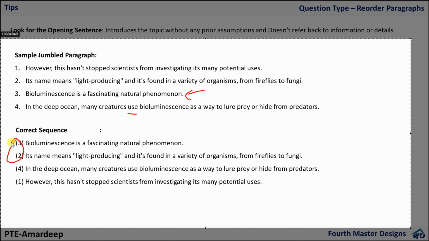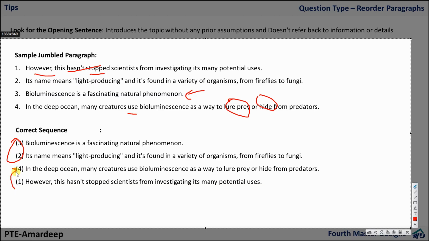So 3 and 2. And then here, however, this hasn't stopped. Why are they saying this hasn't stopped? Because some creatures use it to either attack or hide from predators. So that's why, because still scientists haven't stopped. So the logical explanation is that however is going to be after your number 4 only.